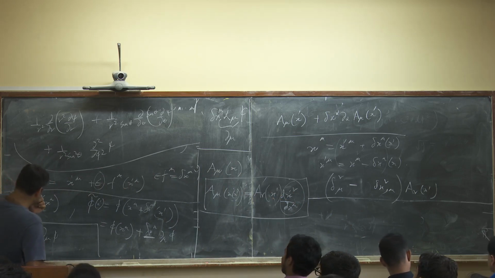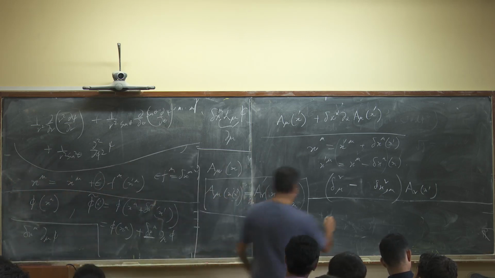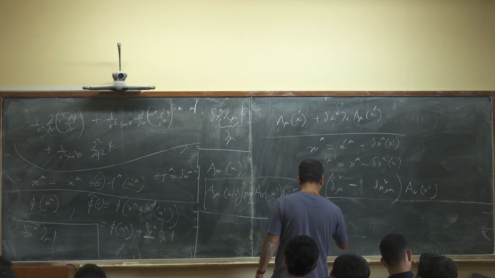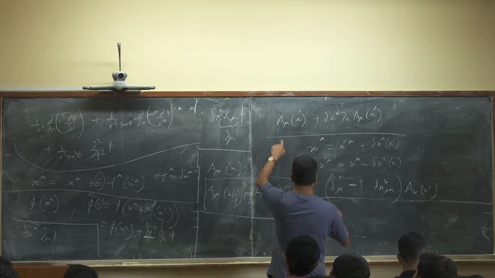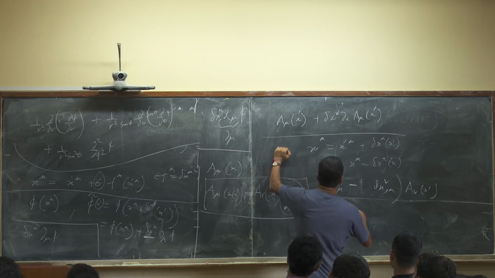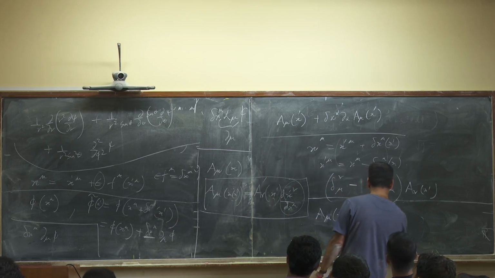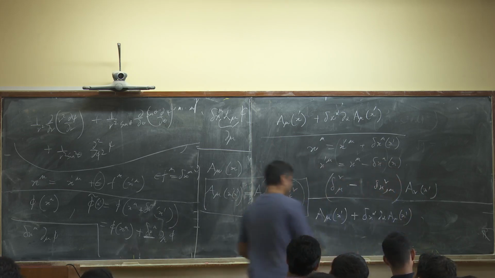We wanted the new guy minus the old guy. So we have a new mu of x prime plus delta x alpha del alpha a mu of x prime. That was the left hand side.